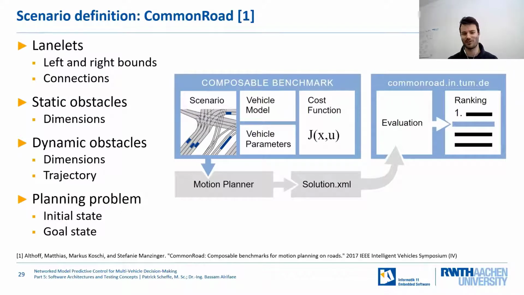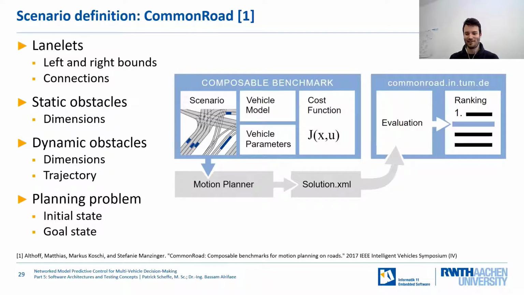a program called CommonRoad. So this is a tool, and it takes the idea of, do you know how neural networks really got boosted in development once there was a simple way to test for their performance?